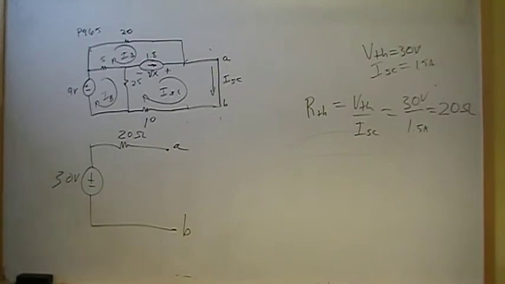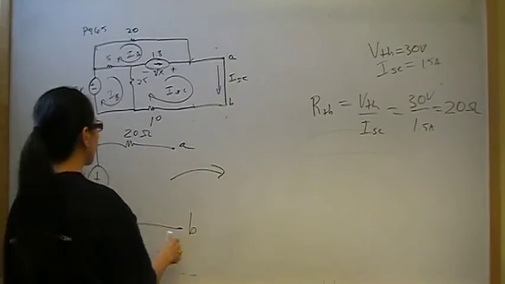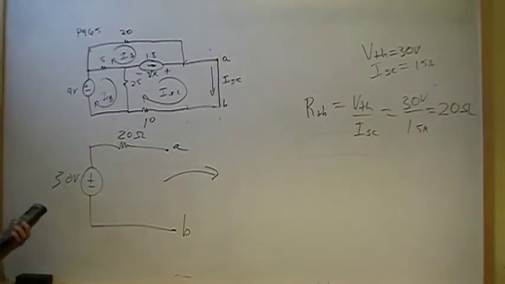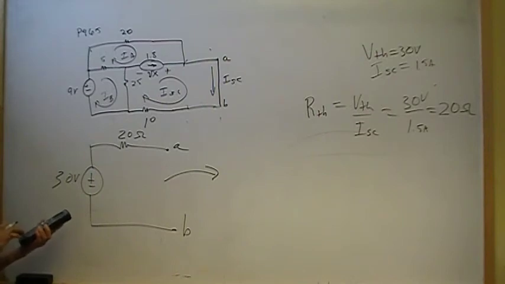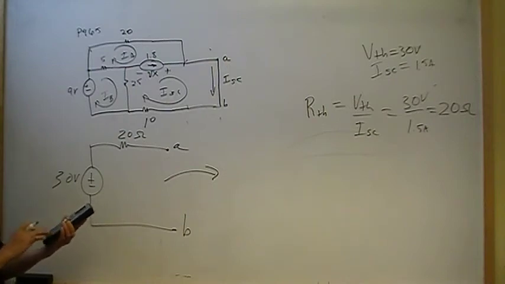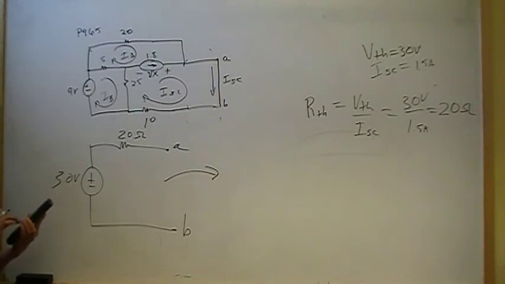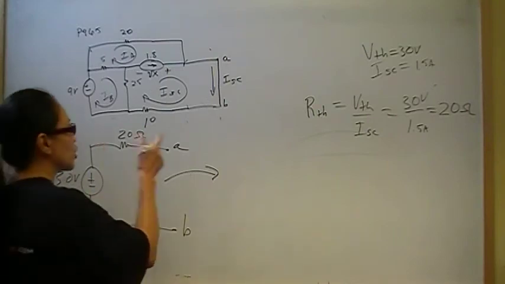So that's our Thevenin equivalent circuit. And just in case you get asked for the Norton, we just do a source transformation. Remember V over R, so 30 divided by 20. And of course it should be our I short circuit.